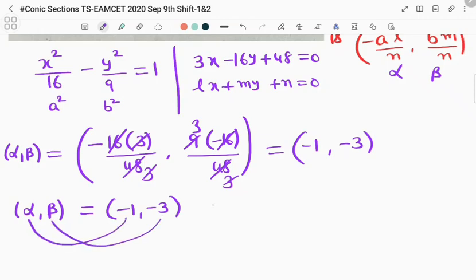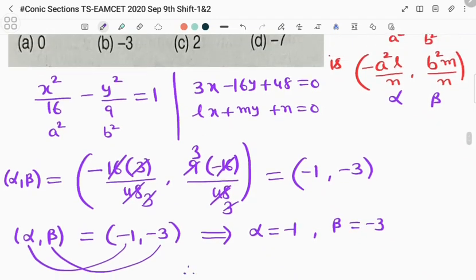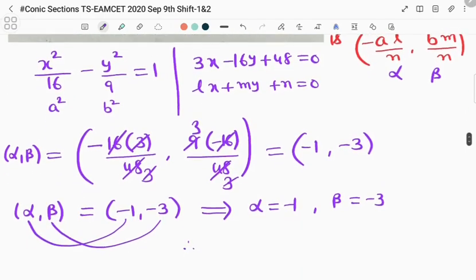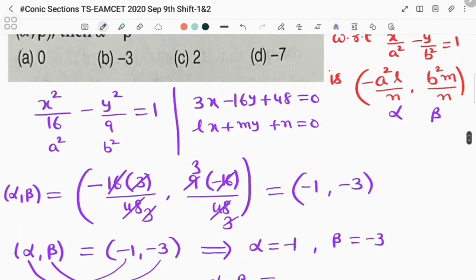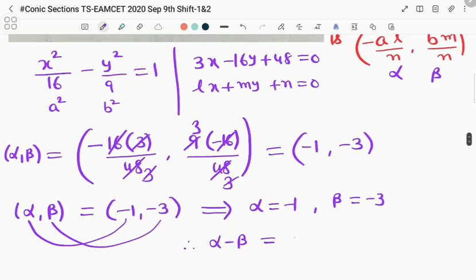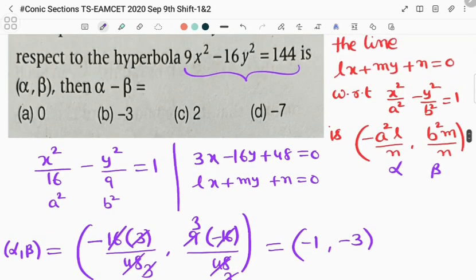Equating these two, that implies alpha equal to minus 1, beta equal to minus 3. Therefore, they are asking to find alpha minus beta. Minus 1 minus of minus 3. So minus 1 plus 3, that is equal to 2. So it is there in the third option, dear students.